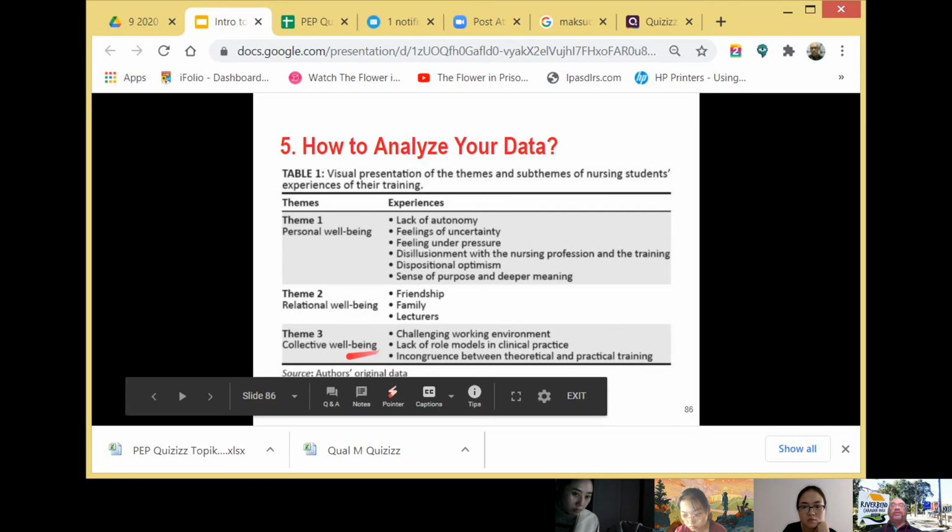And the theme number 3, when you analyze it, you see the pattern. So you have one term, which is collective well-being, and it describes the sub-themes, which are challenging working environment, lack of role models, and incongruence between theory and practice.